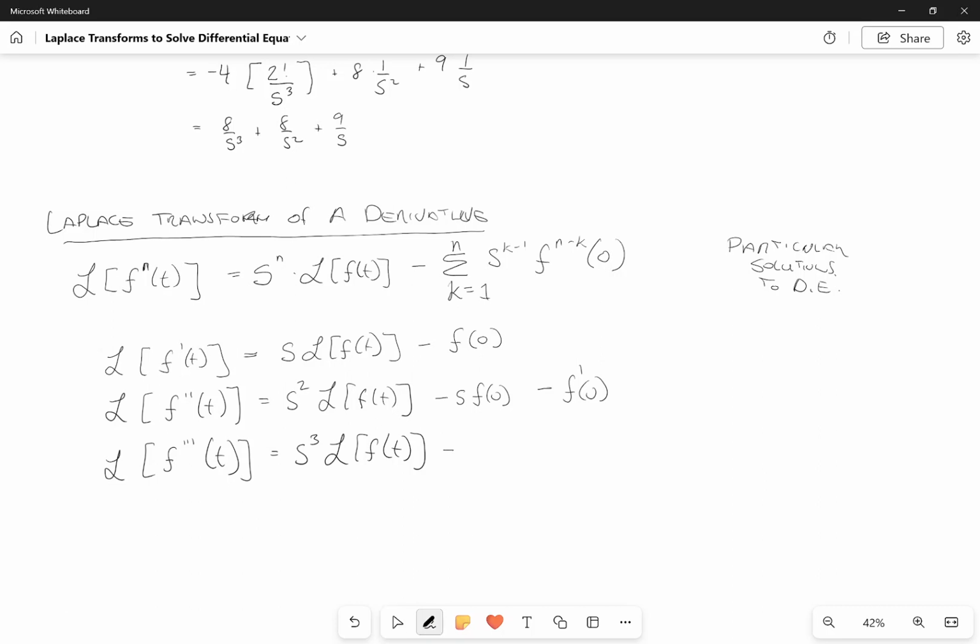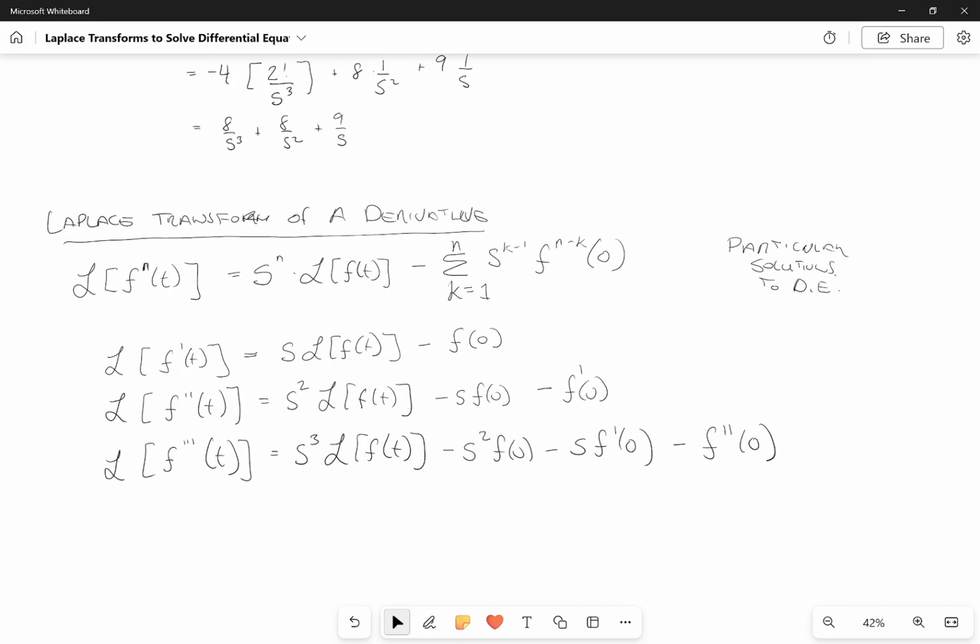So we're going to say minus s squared f at 0, minus s f prime at 0, and minus f double prime at 0. So we're following the same set of rules.